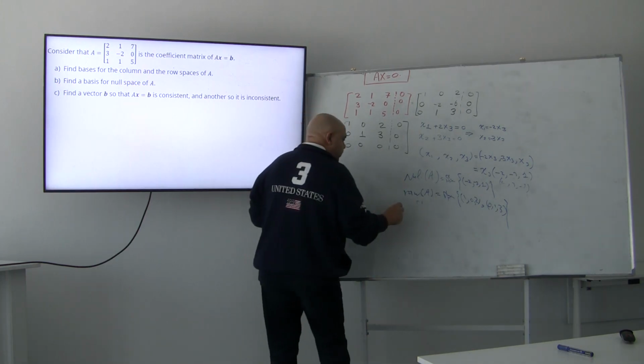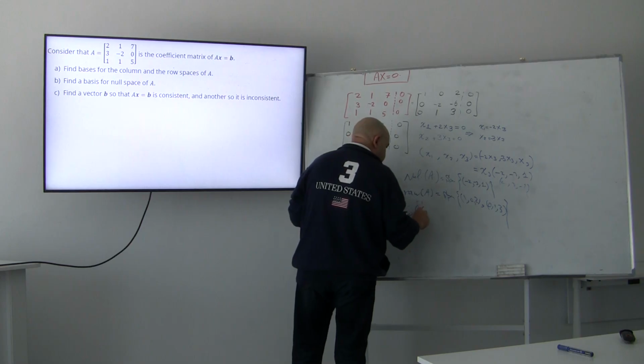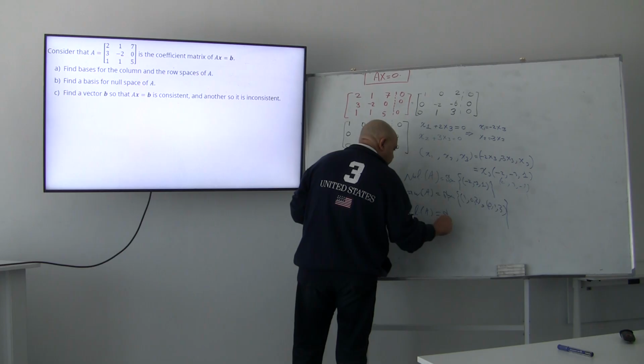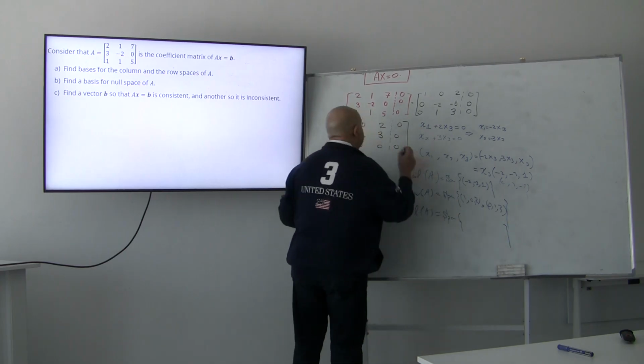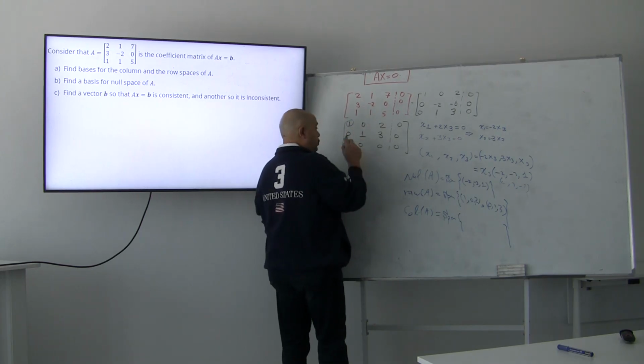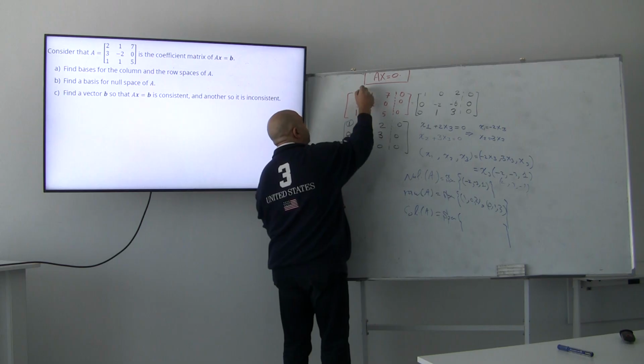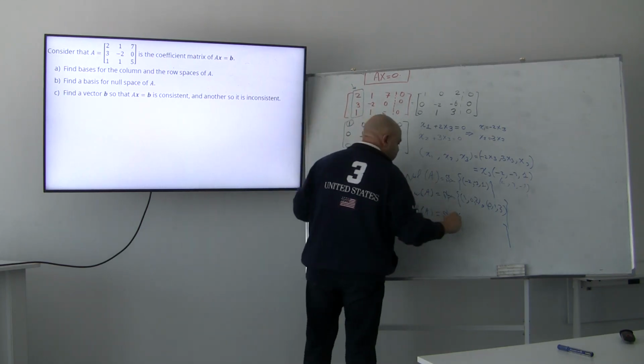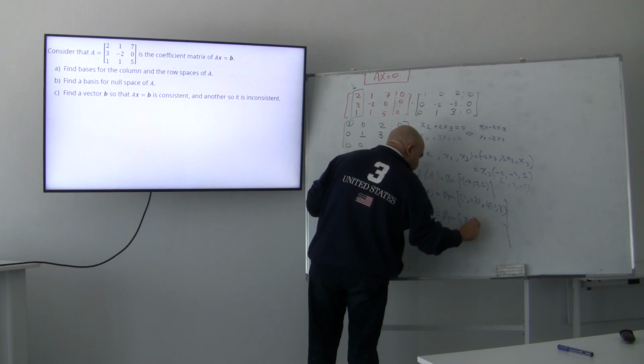If I want to get the column span of A, it is simply the span of the pivot columns. I will take the first column of matrix A, which is 2, 3, and 1.